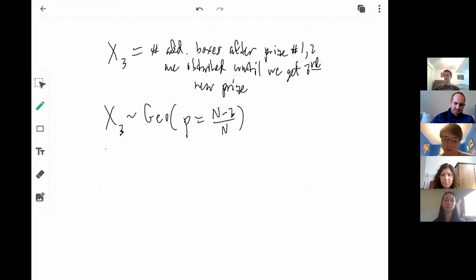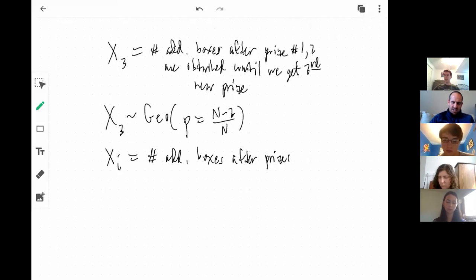And how do you think we're going to define xi? It's going to be the number of additional boxes after prizes 1, 2, ... i minus 1, right?